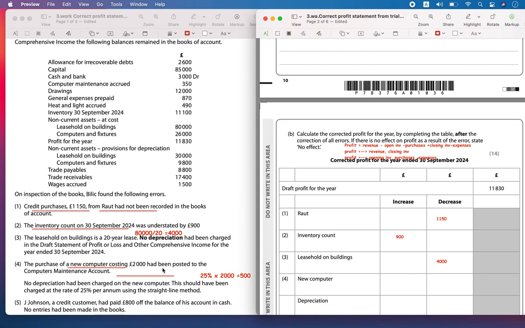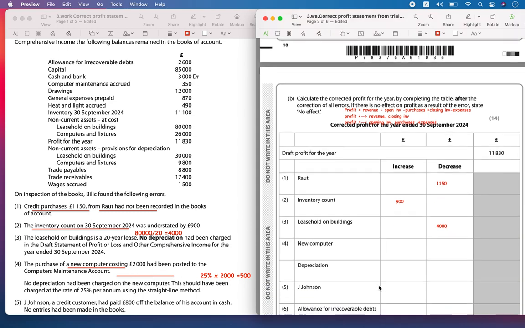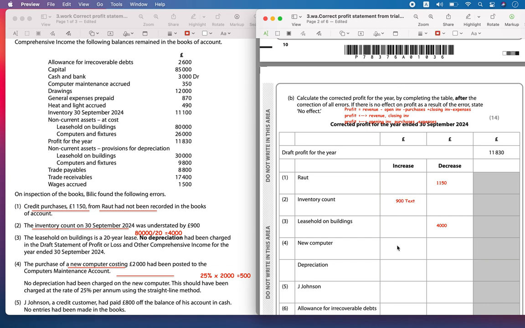The 2000 purchase has been posted to maintenance, so the maintenance expense is going to get reduced. It is because of the expense account: I'm going to remove it from the maintenance expense account, which leads to an increase in profit by that same amount. Then this depreciation of 500 expense increases the expense, so it is going to decrease the profit.